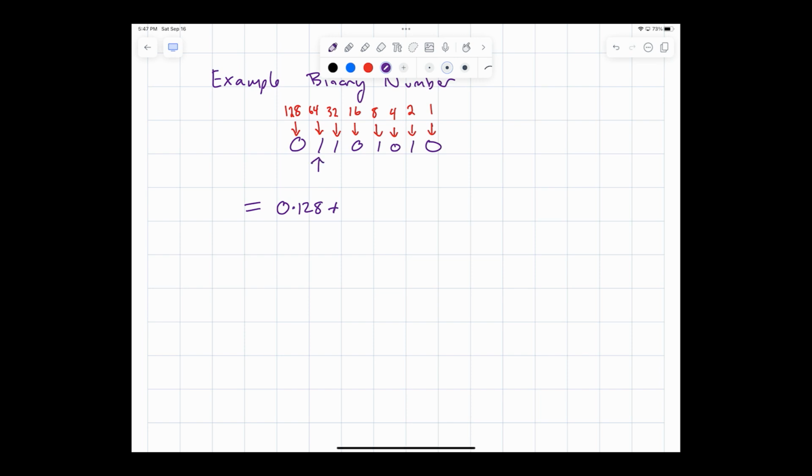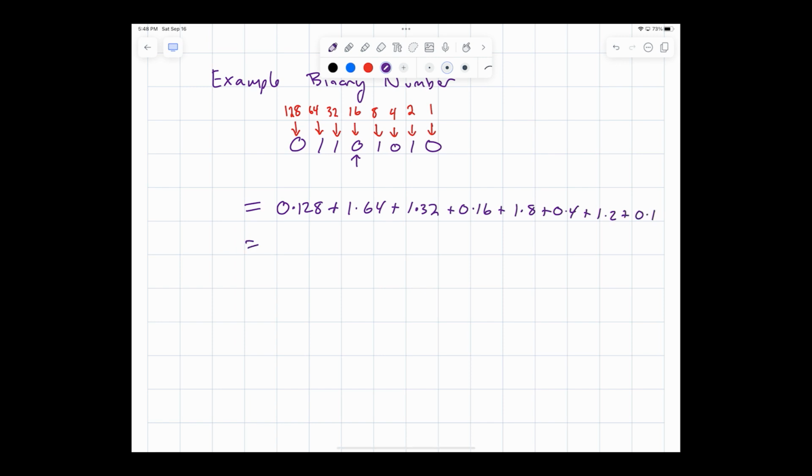Right here, there's a 1. So that would be 1 times 64, 1 times 32. There's no 16, because there's a 0 there. So 0 times 16, 1 times 8, 0 times 4, 1 times 2, and 0 times 1.